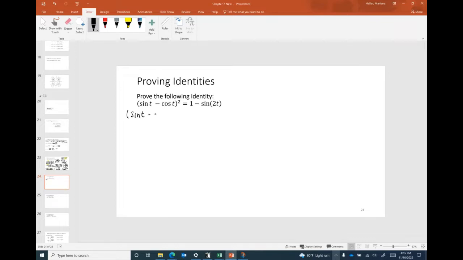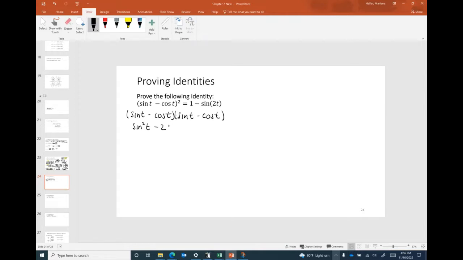All right, so we'll have the sine t minus the cosine t times sine t minus cosine t. That's on the left-hand side, so let's multiply it out. First times first, so it'll be sine squared of t, right? And then we have a negative sine t cosine t and another negative sine t cosine t, right?